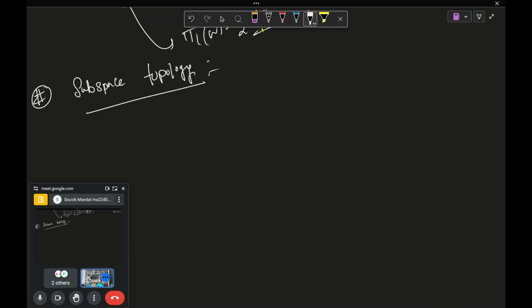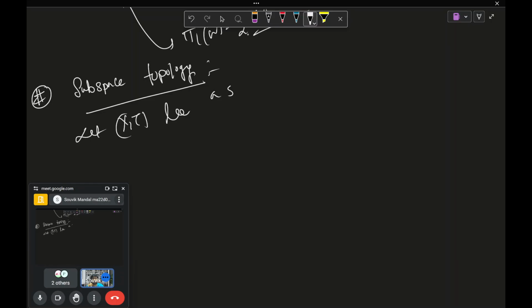Look, what we have done in the product topology: we were given two spaces and we are topologizing X cross Y. Subspace topology is almost the same thing but slightly different. As the name suggests, we are giving a topology to a subset. That's it.